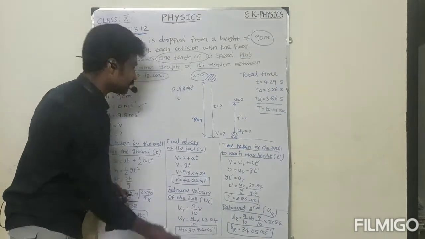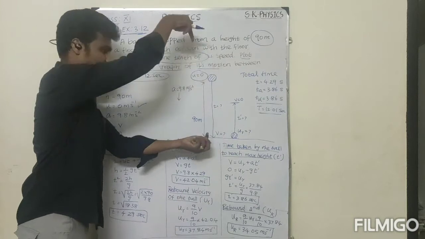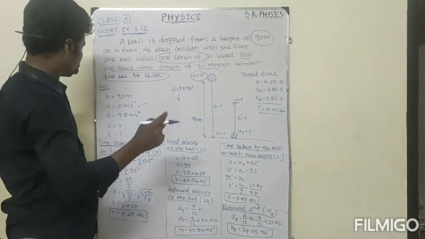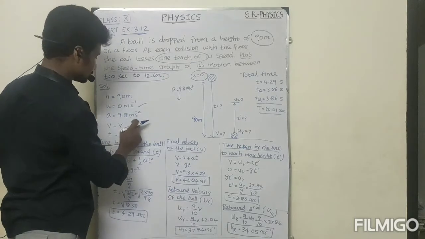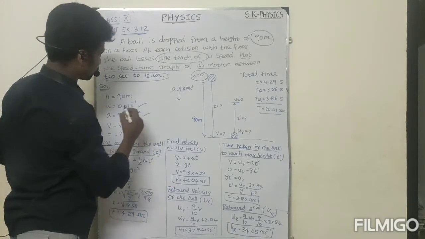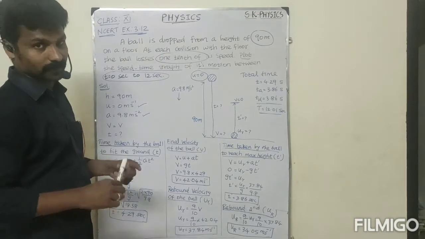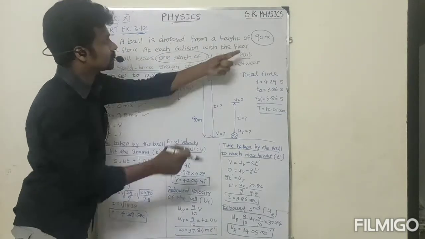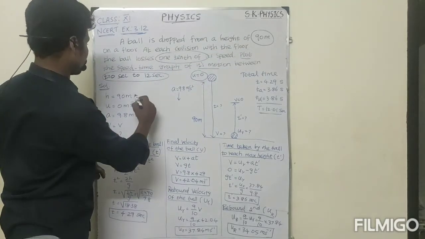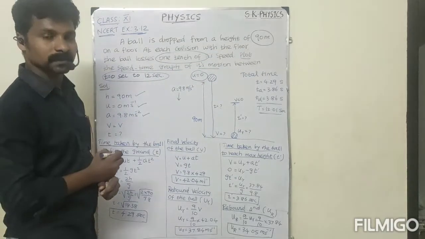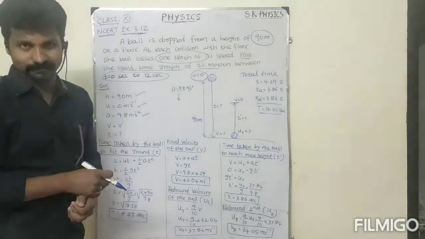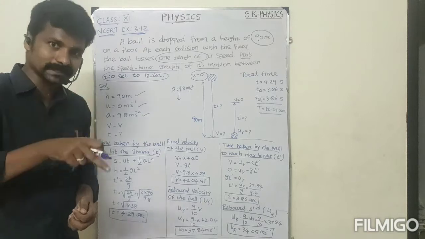Then this ball is allowed to move under the action of gravity, so the acceleration is 9.8 meter per second square. Height covered is 90 meter. Then what is the velocity when it hits the ground?